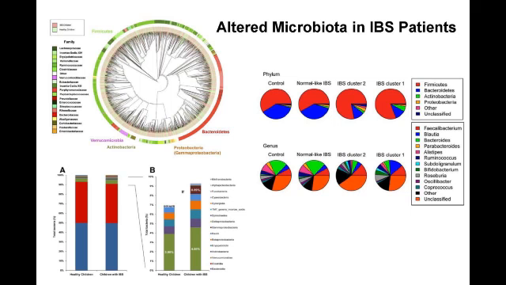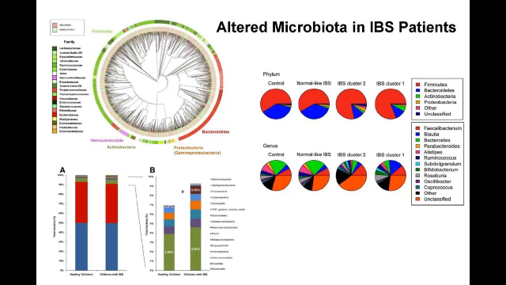And this is too complicated, but there's a study on the left side in children and a study on the right side in adults with IBS, basically showing that in some patients the microbiota obtained in the fecal samples is different than in healthy controls, and I think we have to learn more about that.